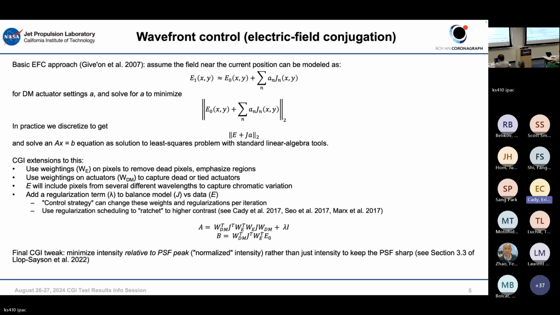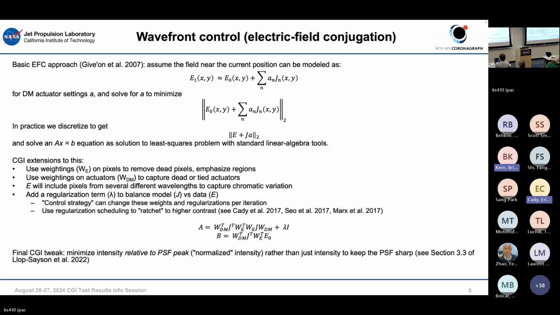And so in practice, you can break this down into an Ax = b solve equation, which you can solve with super standard linear algebra tools. I think we implemented 3 of them for CGI just as cross checks, and it worked fine. What we do for CGI is we push this a little further.